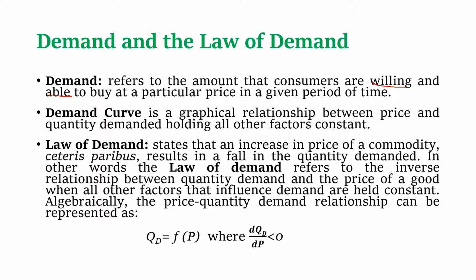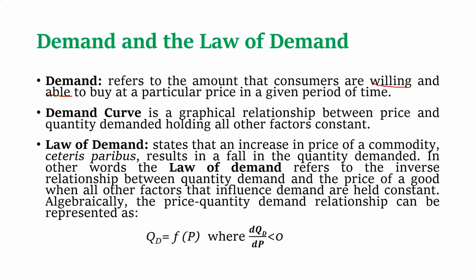In other words, we say demand is a decreasing function of the price. When the price goes up, the demand will fall, and when the price falls, the demand will increase. So as such, there is an inverse relationship between the price and the quantity demanded.